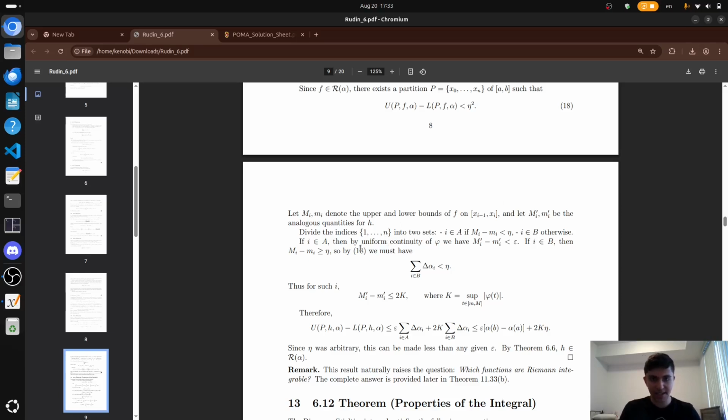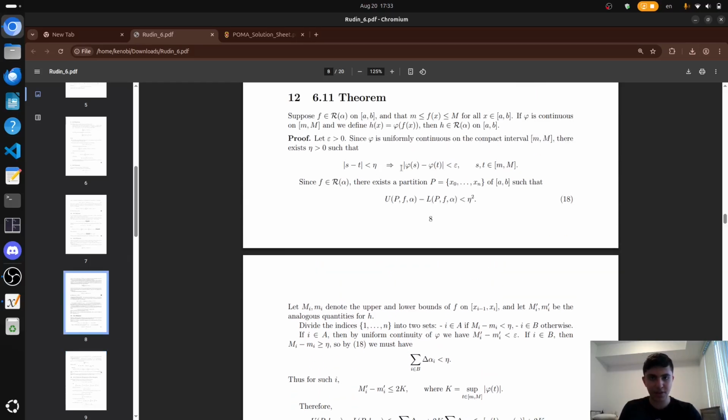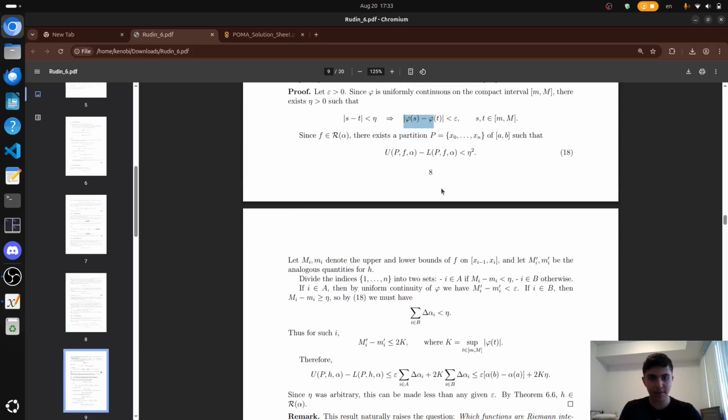If I is in A, then by uniform continuity of phi, we have Mi prime minus mi prime is less than epsilon, because you're just applying it to the function and you're getting the endpoints in the y-axis over here. Then if I is in B, then Mi minus mi is greater than or equal to eta.